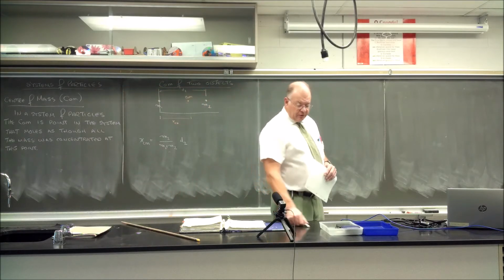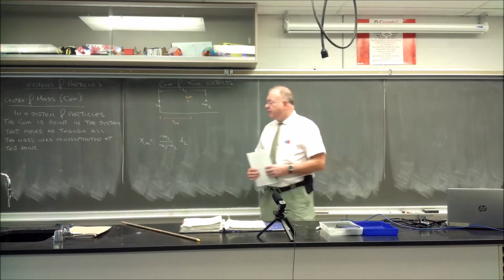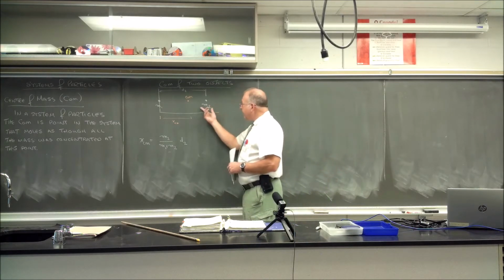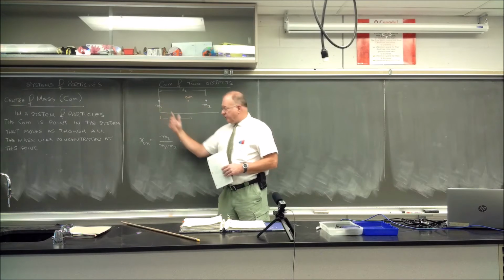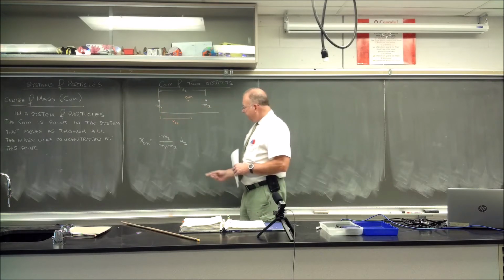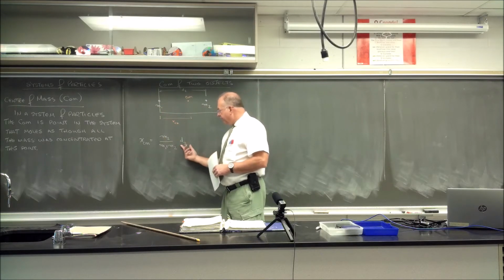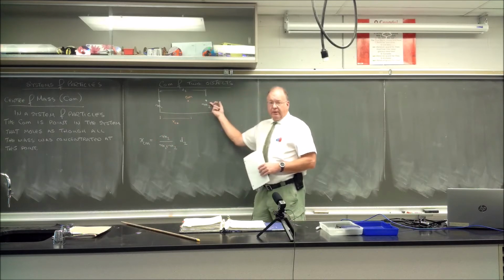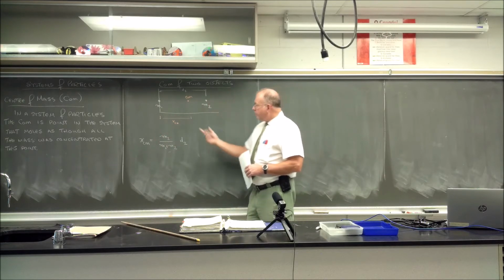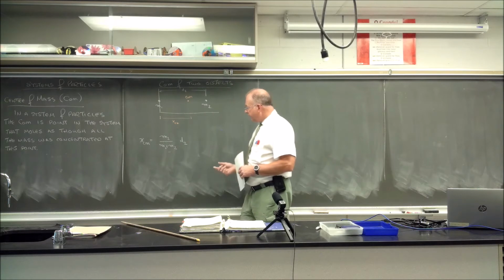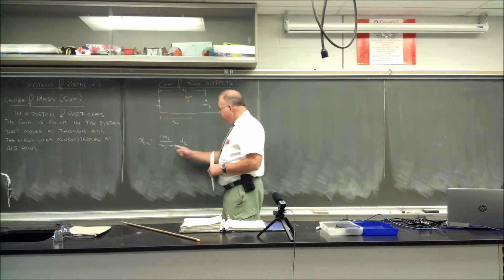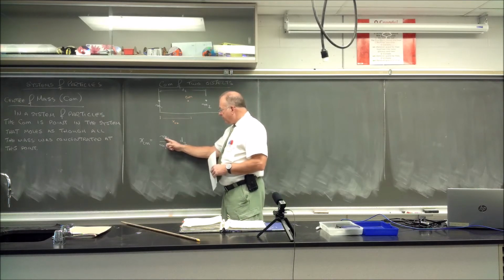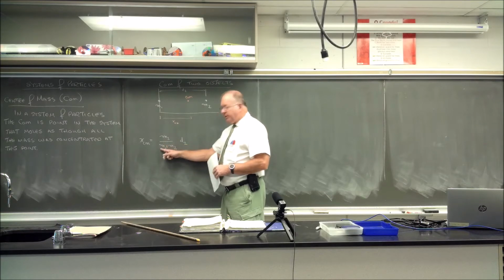If, and again, using the law of extremes here, if M2 is really big and M1 is inconsequential, then you'd have M2 over M2 is 1, and the center of mass would be at M2. That works. If M1 was substantial and M2 was insignificant, then this would be basically almost 0 over a number M1, which would be 0 times d2 and put us here.